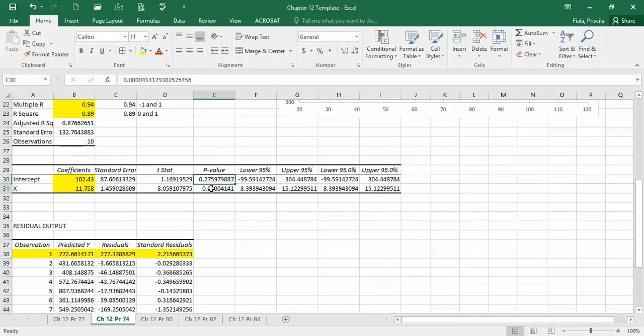Just keep in mind these are your p-values, and if they provide you an alpha of 5%, you will still do the same process: is the alpha higher or lower than the p-value, reject or accept.